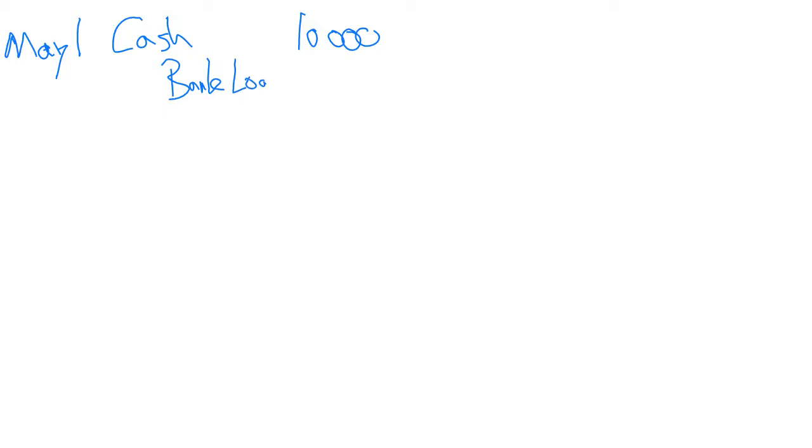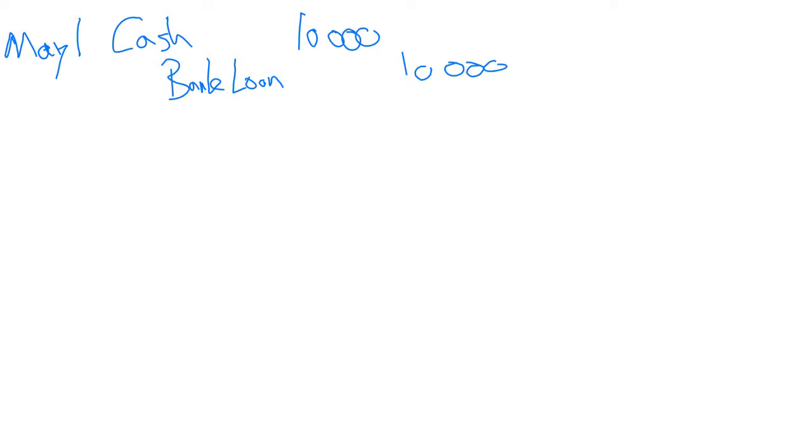So again, May 1, we would debit cash by $10,000. I think that's how much it was. And we would credit our bank loan by another 10,000, right? And the reference number I believe would be 9.